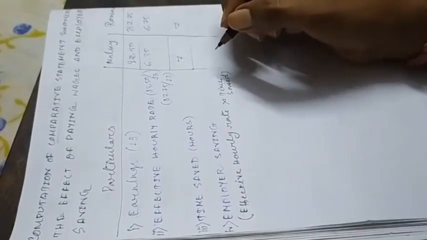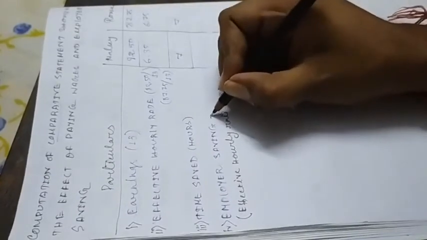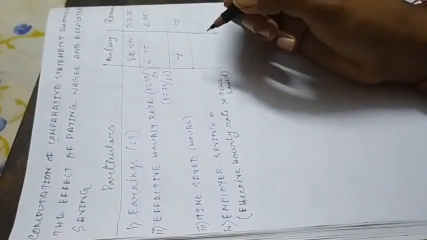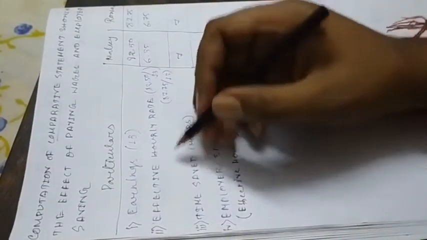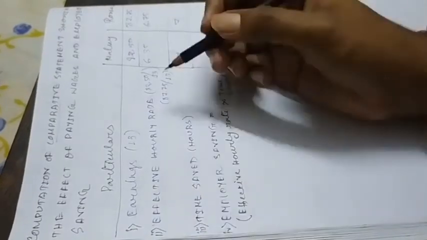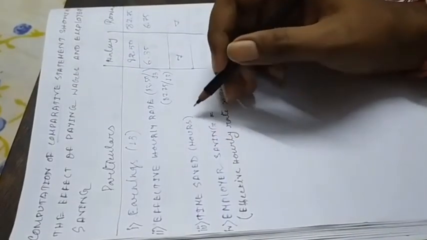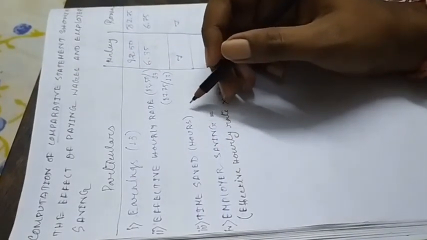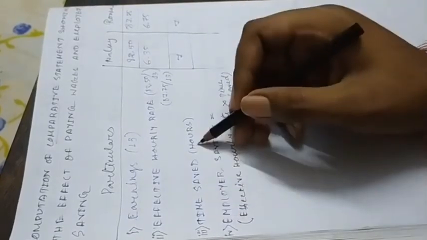This is the formula for calculating employer saving. We have calculated the effective hourly rate and collected the time saved, 7 hours.